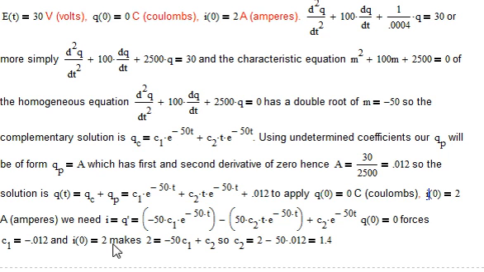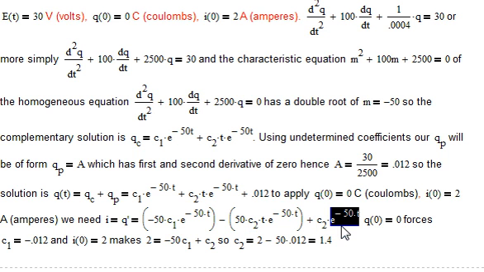So I is Q prime, which is negative 50 C1 e to the negative 50t, that's the derivative of this term. And then the product rule will apply to the derivative of this term. Here we got negative 50 C2 times t times e to the negative 50t. That was first d second plus second d first.